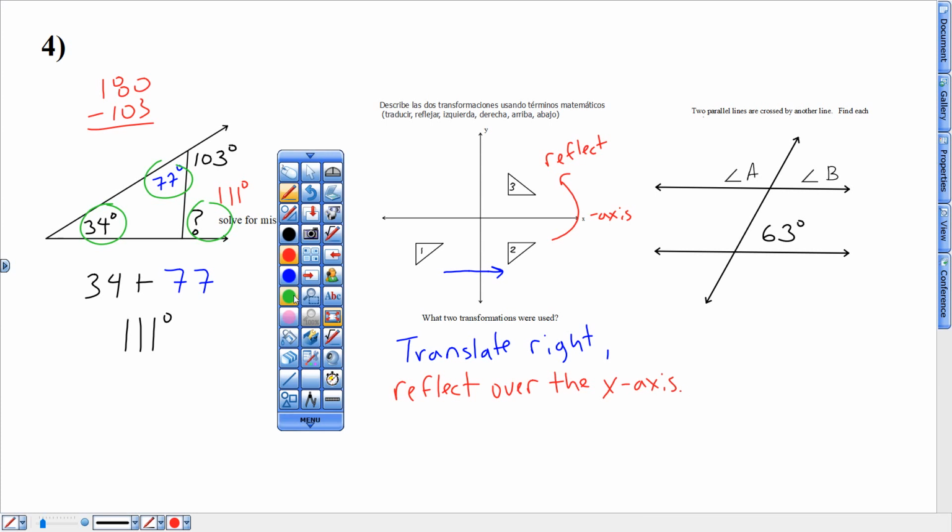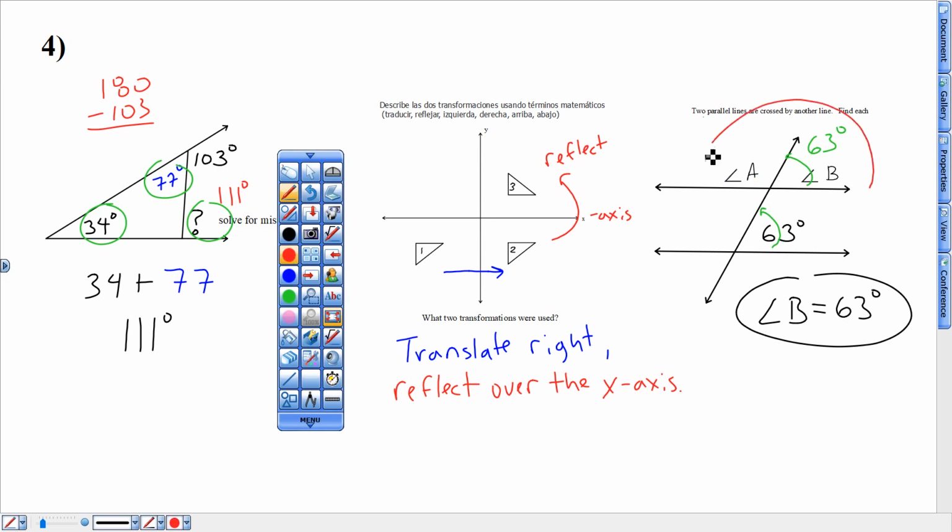For this one right here, if you know this is 63, know that this angle up here is equal to 63. So if I was having you find angle B, angle B, if I'm looking for it, is 63 degrees. If I want to find angle A, all I have to do is take that 63 away from 180, and that will give me what that angle would have to be.